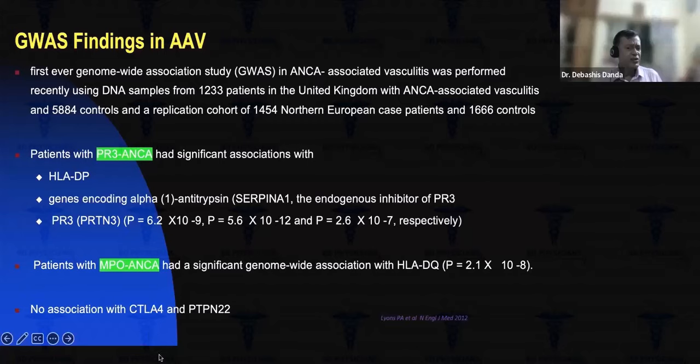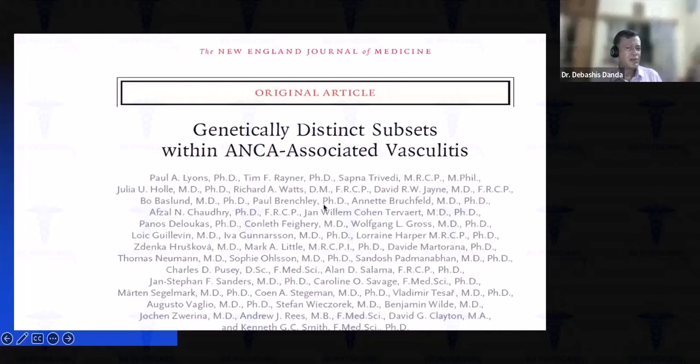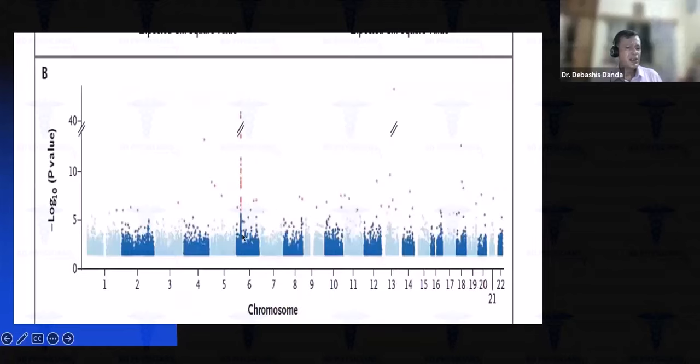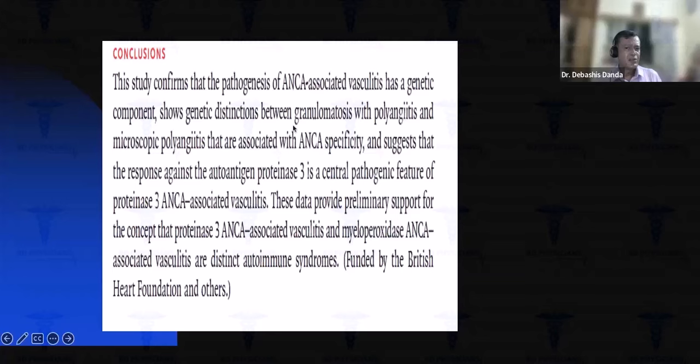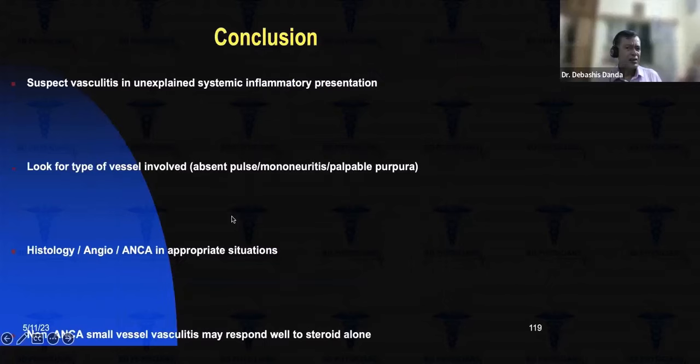However, there is no association with CTLA4 and PTPN22 in ANCA vasculitis. So there are distinct subsets in ANCA vasculitis. Some are mostly related to chromosome 6, mostly HLA-related genes. Also, there are some genes related to chromosomes 13 and 14. So ANCA vasculitis can have different types of genetic basis and presentation.